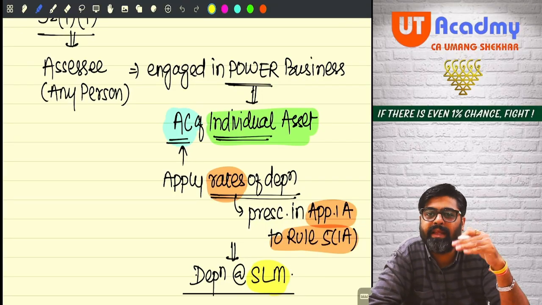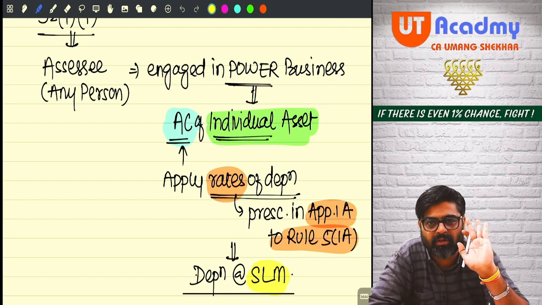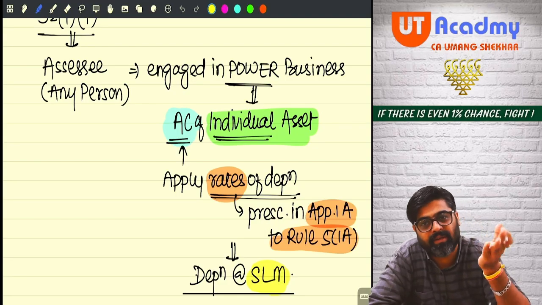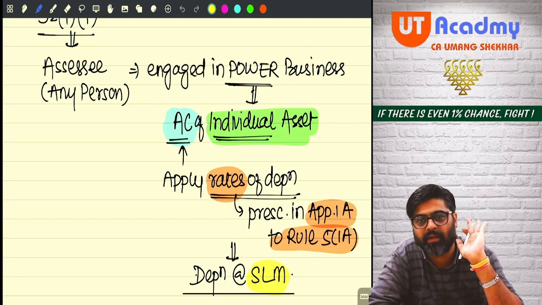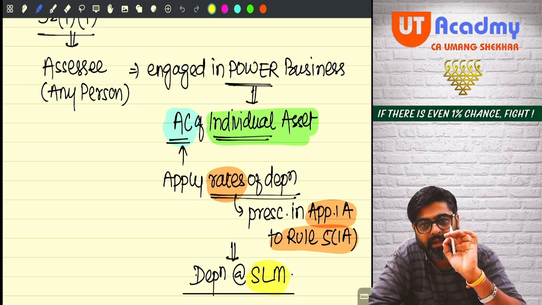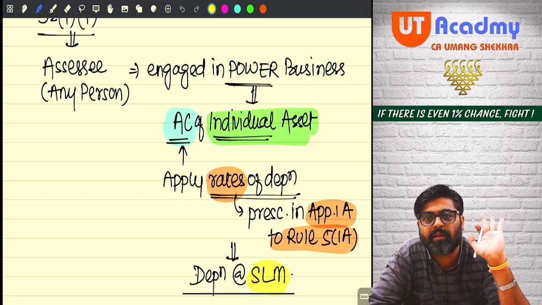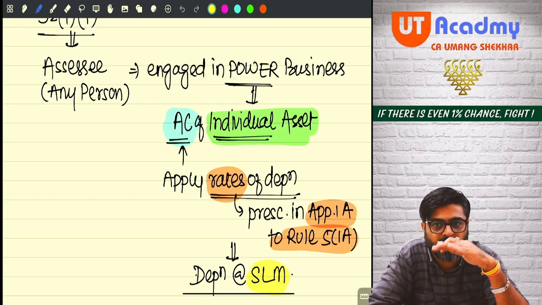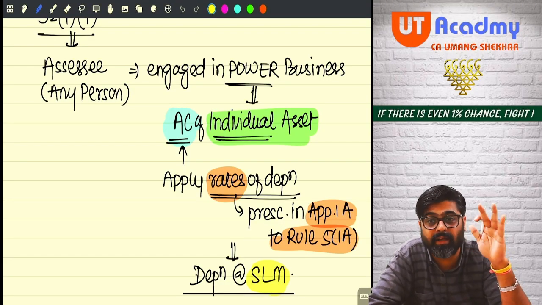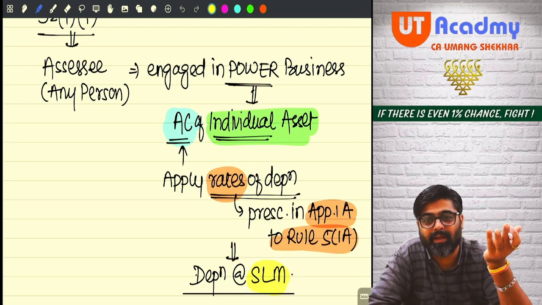So don't worry, in the examination they will tell you the name of the asset also and at what rate the depreciation is charged as per Rule 5(1A), yes or no. So that rate will definitely be given in the question. No need to remember the names of the assets and the rates also. The rates are very tricky rates. Somewhere it is 5.67%, somewhere it is 21.93%.